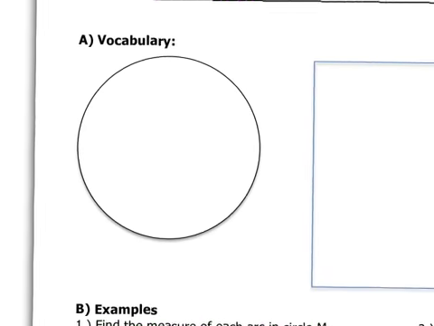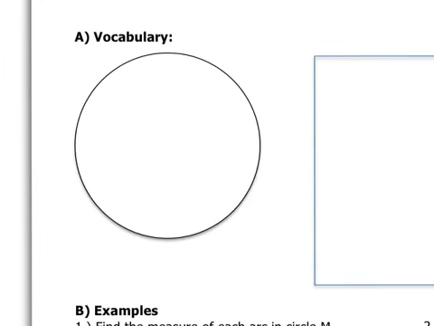Okay, we're going to start with our big, nice circle. We know that the center of the circle is in the middle. Let's call that C for center. A central angle is an angle whose vertex is at the center of the circle.